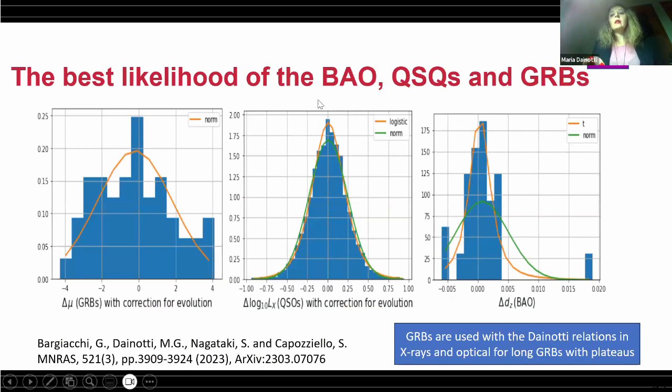So all the derivation that has been done previously is still holding, because the Gaussianity assumption is correct. And as I said, we are using this relation in X-ray and optical for deriving this analysis.